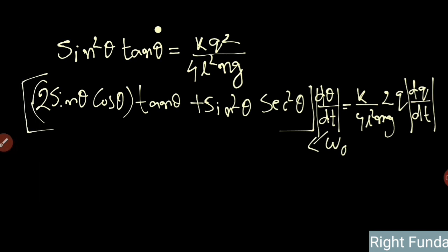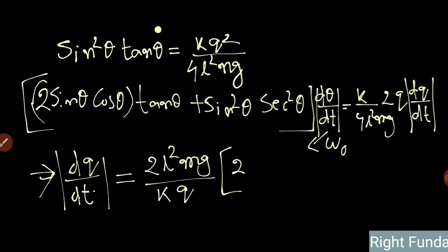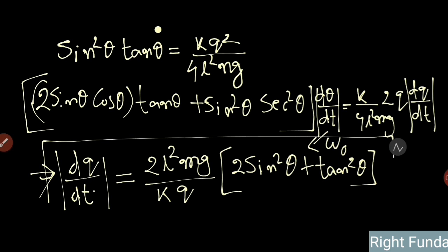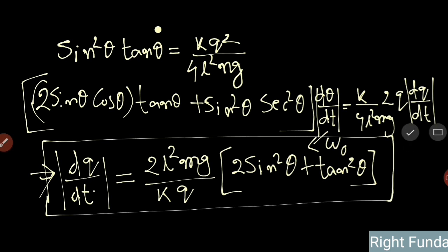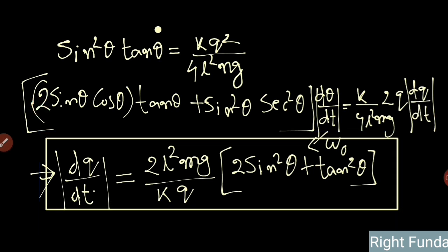Simplifying this, we can write |dq/dt| = (2L²mg/(kq)) (2 sin²θ + tan²θ) ω0, where k is nothing but 1/4πε0. So we got the rate at which the charge will leak, given by this expression.